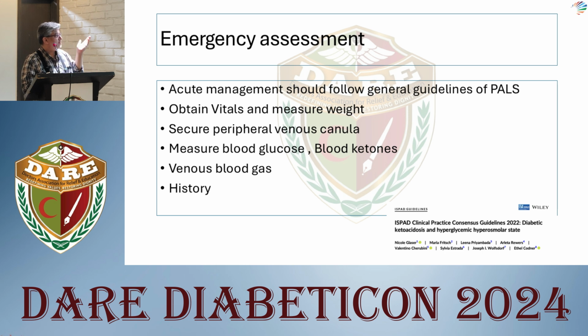So for acute management, ABCD, you must have attended all your PALS and BLS courses. So airway, breathing, circulation, all these things you have to attend, and you have to get a good peripheral IV access right away. Check your sugars, blood ketones, blood gas. It's very important. Take a proper history.